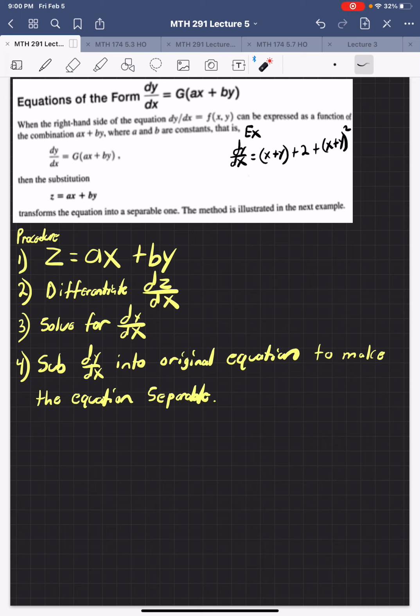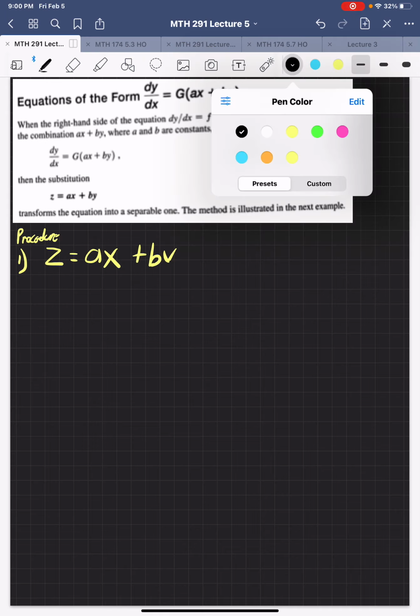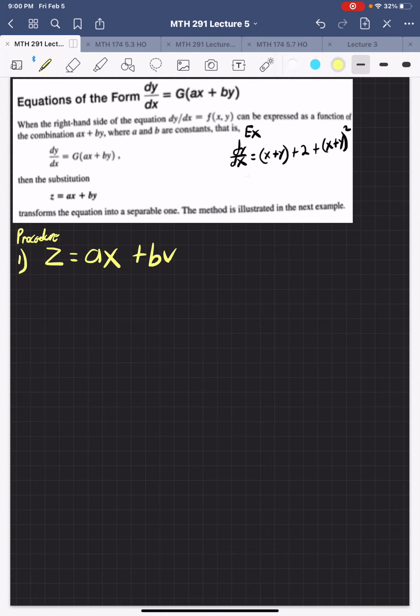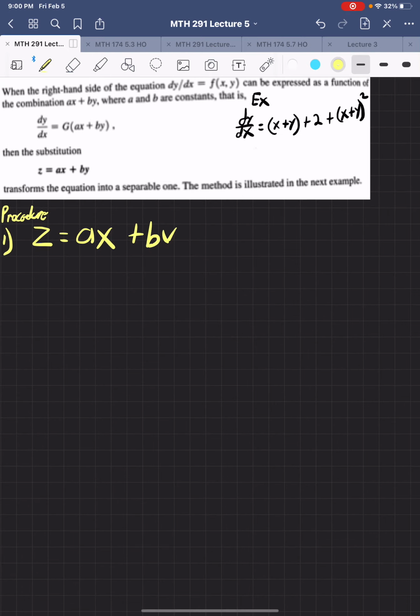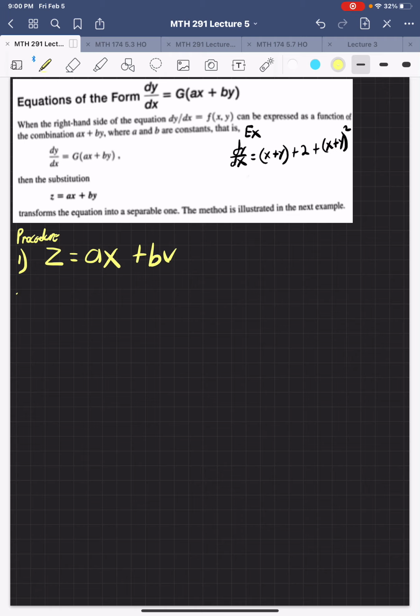We're going to sub in for dy dx. I'll tell you what, if you don't mind, because at some point you guys are going to kill me if I go in too deep, let me give you a quick method.